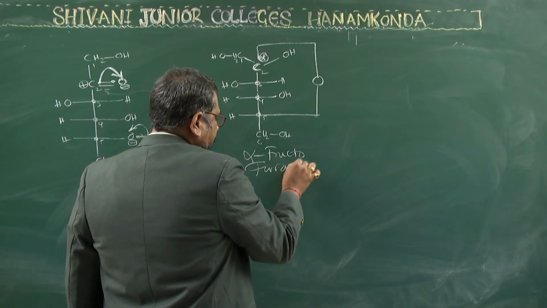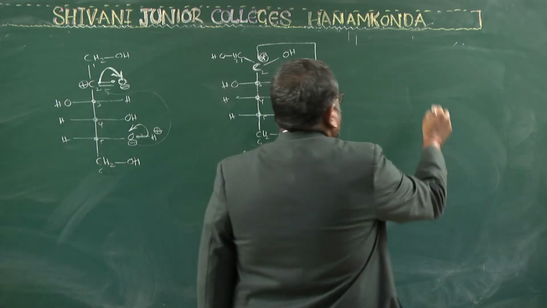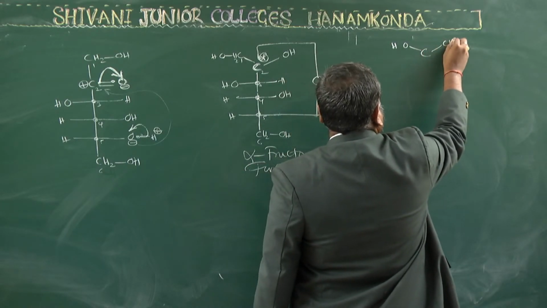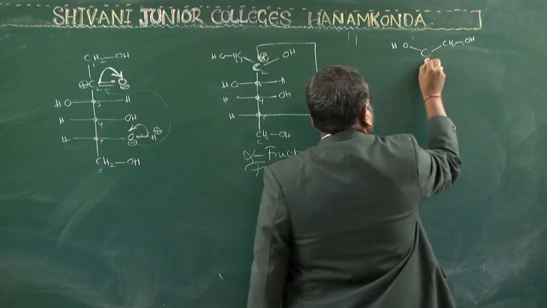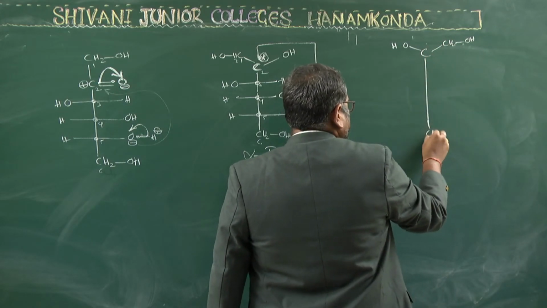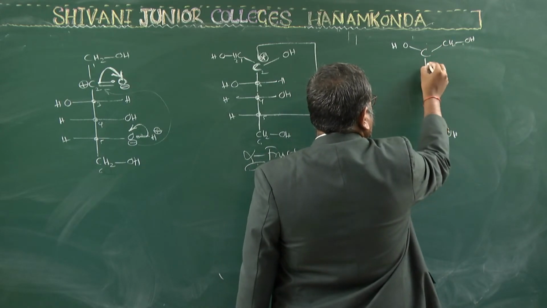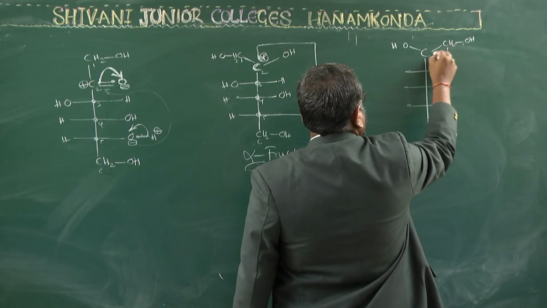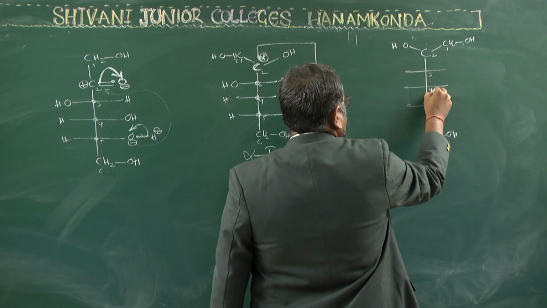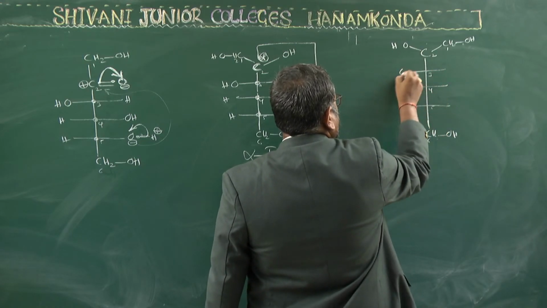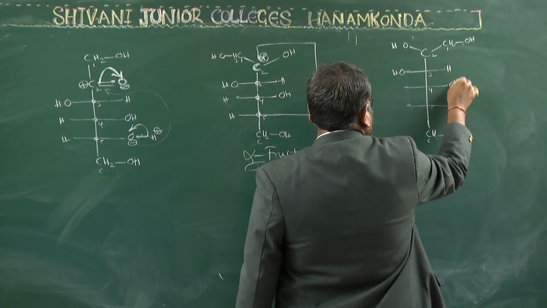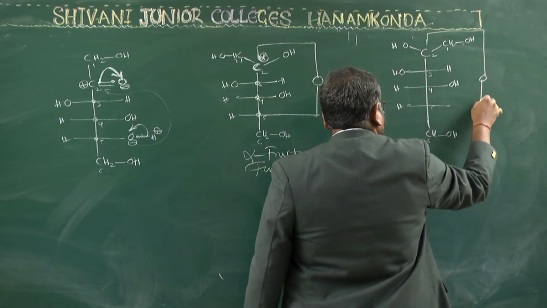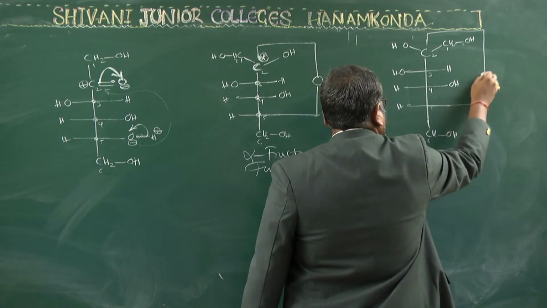If you write it like this, with this OH group towards the left side, CH2OH, and then the third, fourth and fifth carbons, here first carbon, second, third, fourth, fifth and sixth, here OH group, H, OH and hydrogens, ring formation takes place between the second carbon and the fifth carbon.